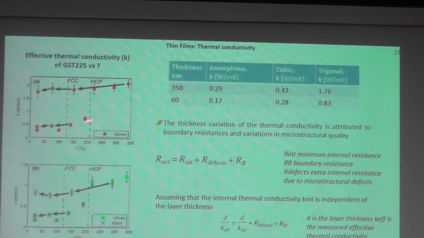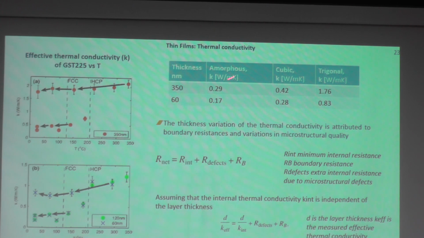This is the amorphous phase. So it's on average between 1.5 and 2. And if we reduce the size of the thin films, we can see also the reduction of the thermal conductivity. It's now less than 1 for crystalline and less than 0.5 for amorphous.